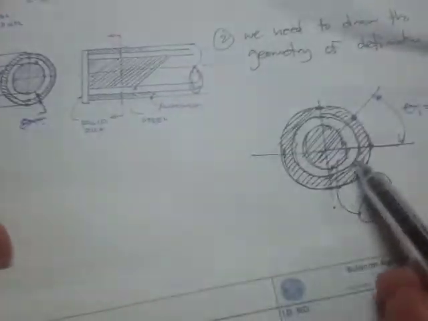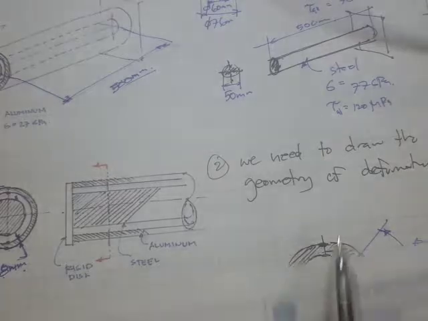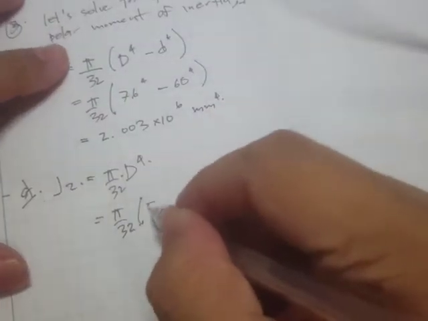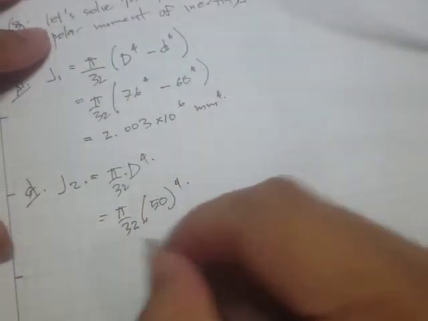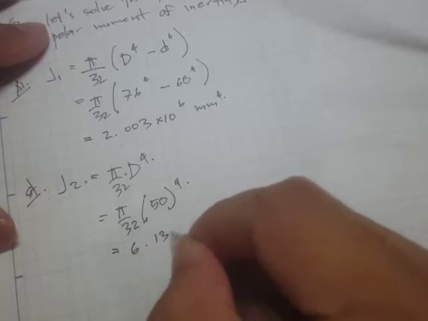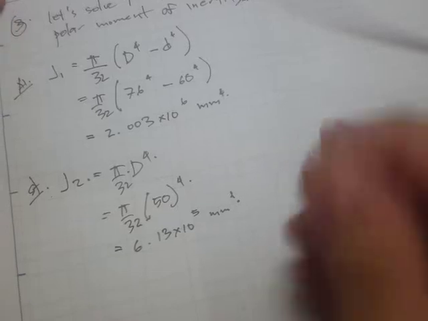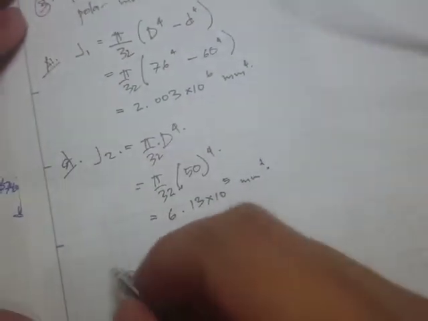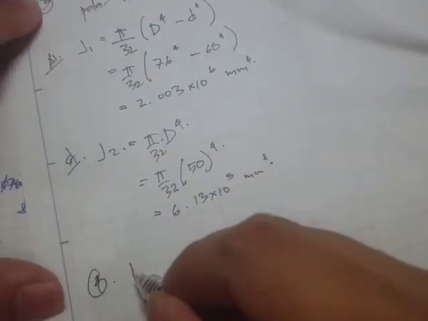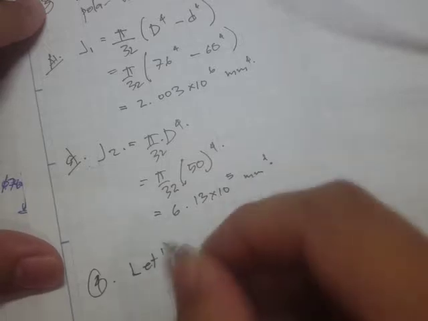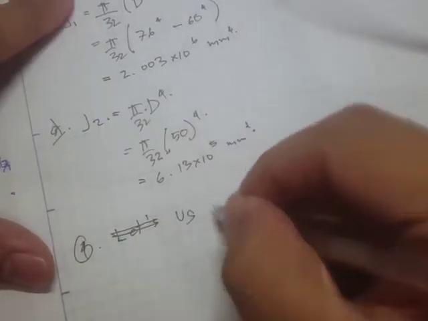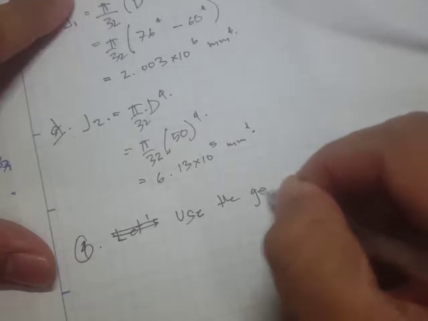This is 50, so times 50 to the fourth, and this is 6.13 times 10 to the 5 mm to the fourth.